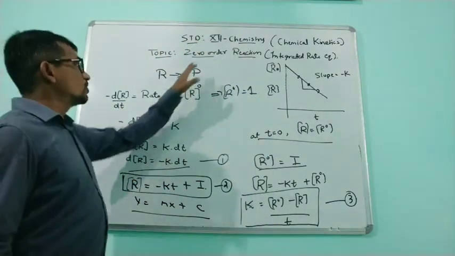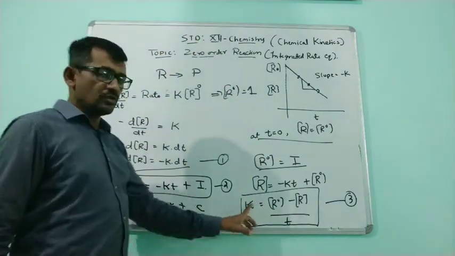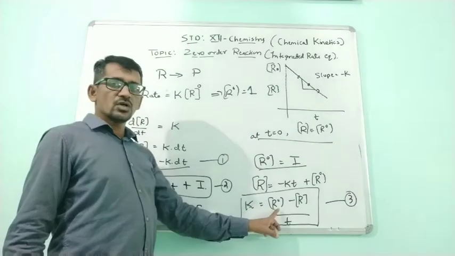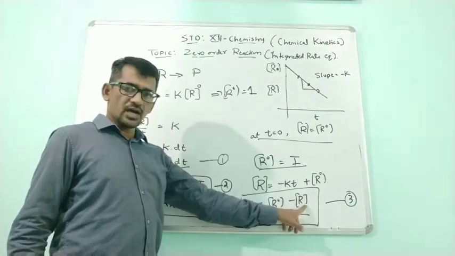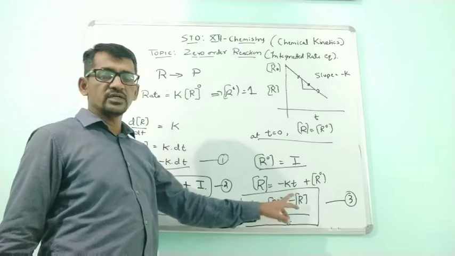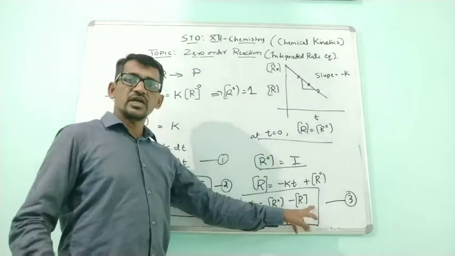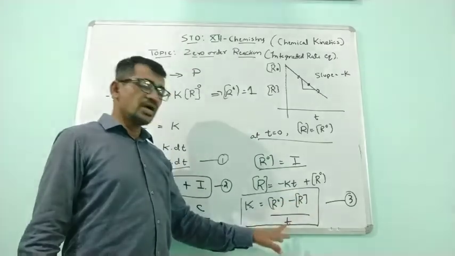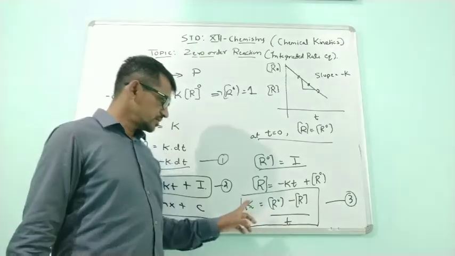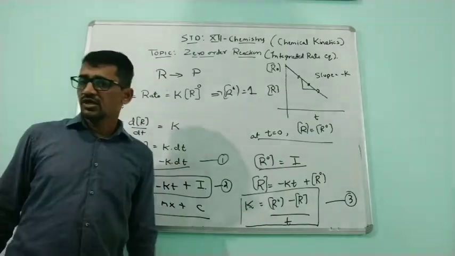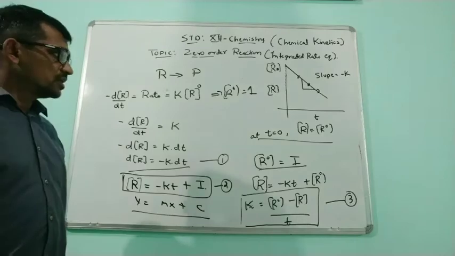So we have derived for zero order reaction the rate constant k is equal to [R]0 minus [R], meaning initial concentration minus concentration at a particular interval, divided by time. This time is in seconds. Then we can get the rate constant for that particular reaction.